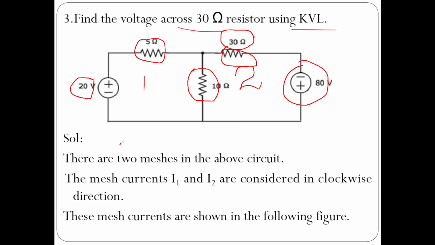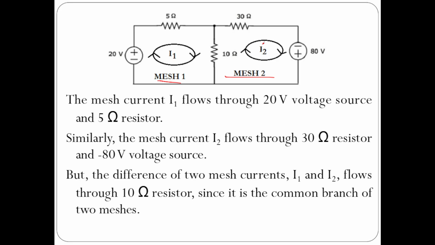So let us write down, this is mesh 1, this is mesh 2. Let us assume loop current I1 in mesh 1, loop current I2 in mesh 2, and assume some current directions. I have assumed loop current in mesh 1 in clockwise direction, loop current in mesh 2 is also in clockwise direction.